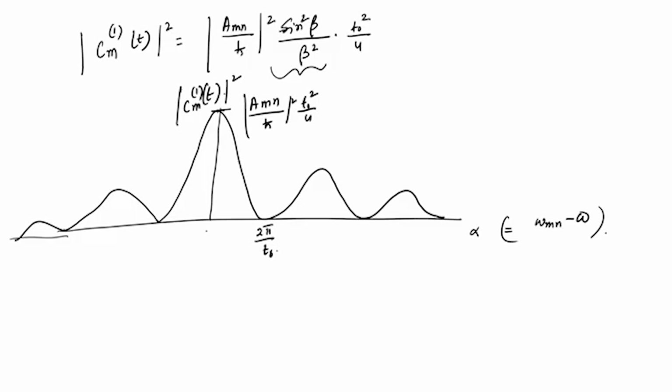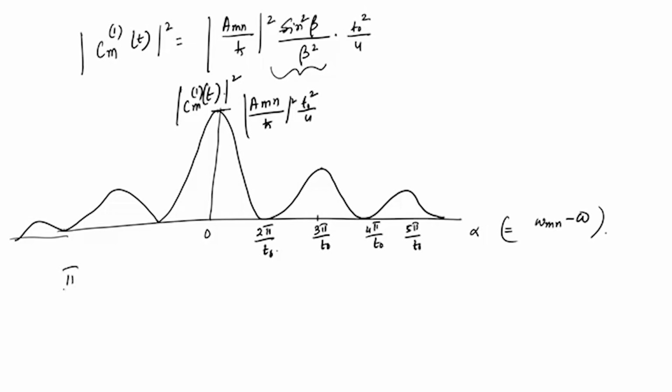So, this is alpha equal to 0, and this will happen at 3 pi over T 0, and we have 4 pi over T 0, and symmetrically on the other side as well, and all these are like 5 pi over T 0. This is in terms of alpha.